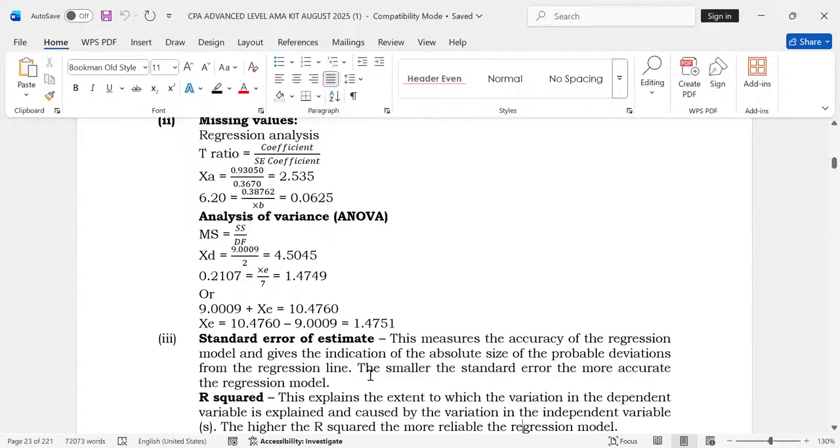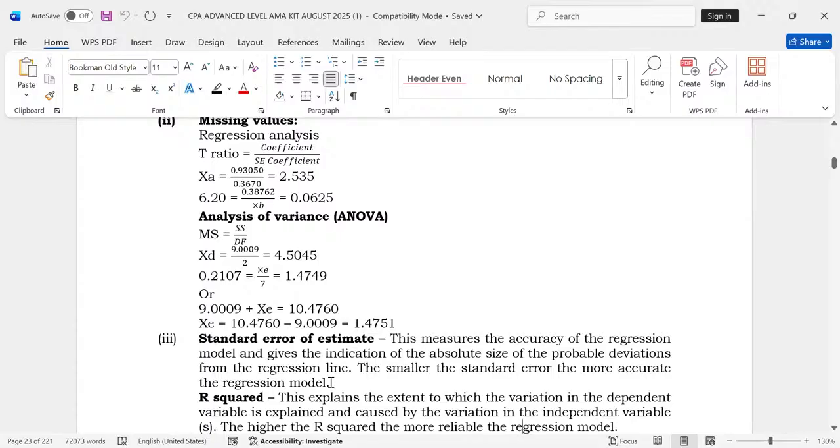So I repeat the whole of it. This measures the accuracy of the regression model and gives the indication of the absolute size of the probable deviations from the regression line. The smaller the standard error, the more accurate the regression model is.